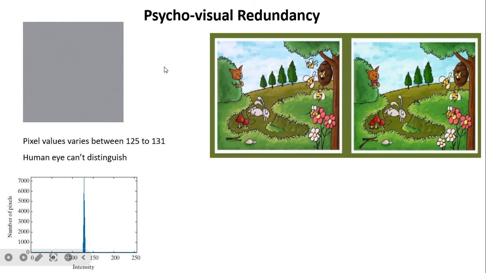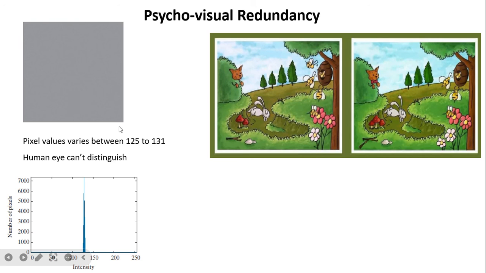So if a particular pixel is not discriminating to us, then why encode it? See, this is the image. Here the pixel values vary between 125 to 131. Even though the pixel values are different, to our eye they look like the same value. If we draw the histogram, all pixels are between 125 and 131.